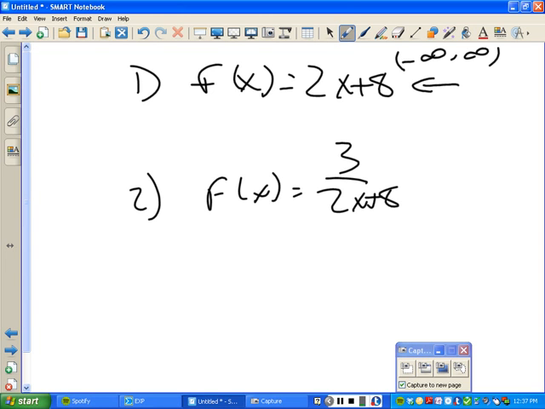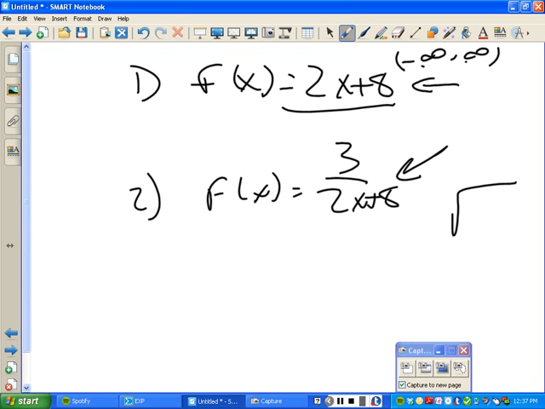What causes us to take things away? Fractions cause us to take things away. Square roots will at some point cause us to take things away. There's no fraction, there's no square root. That's just a straight line. And therefore it's negative infinity to infinity. So number 1 would be negative infinity to infinity.